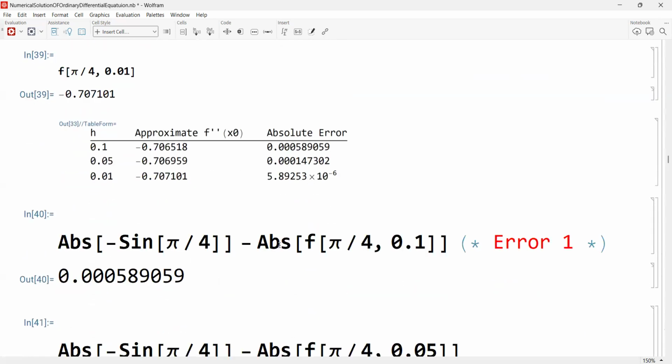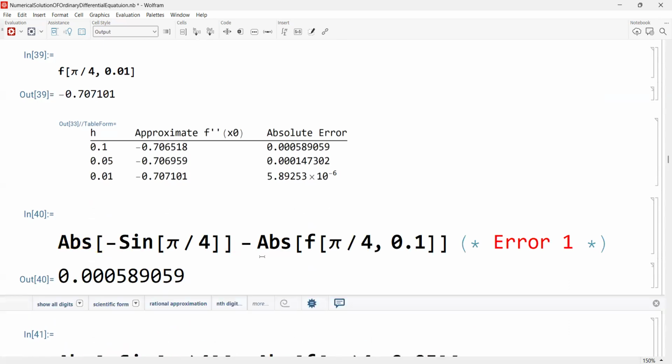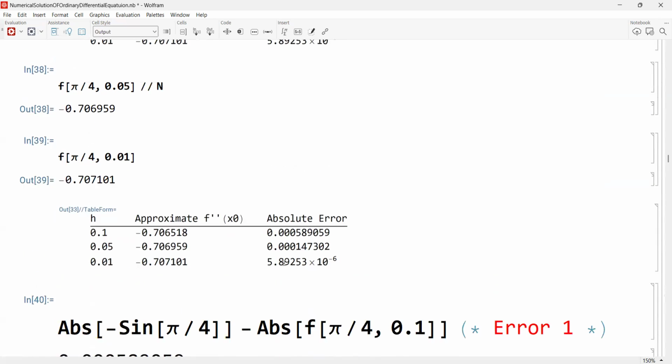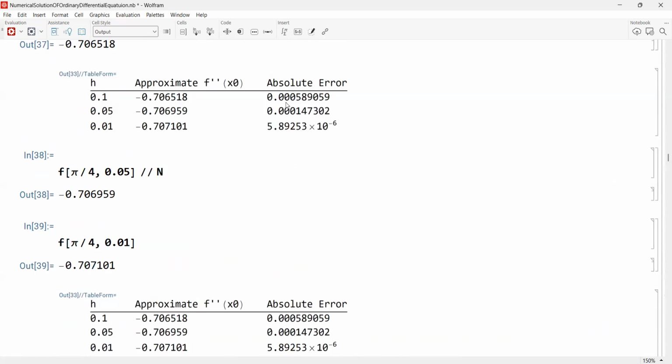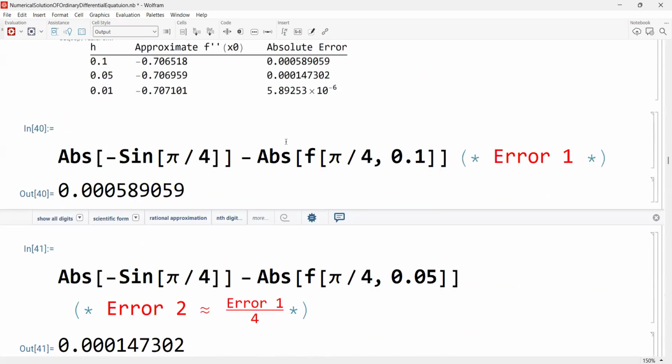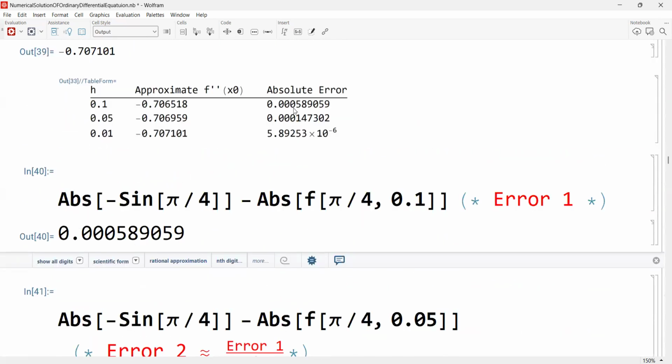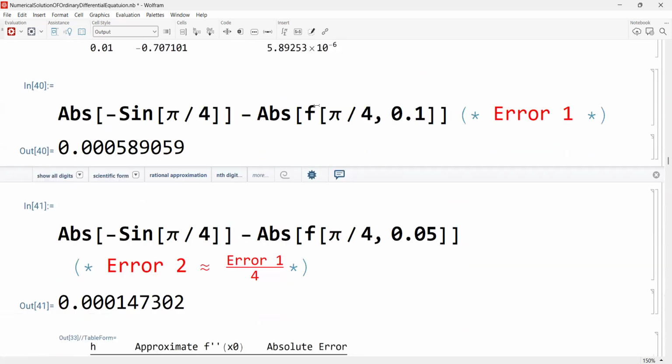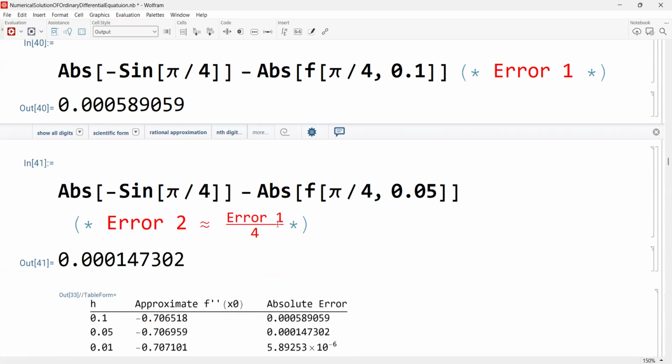Then we have the absolute value. So we have the actual value here, and we subtract: minus the absolute value here. All right, so the answer is 0.00589059 here. Then for error 2, the absolute value is 0.004173.